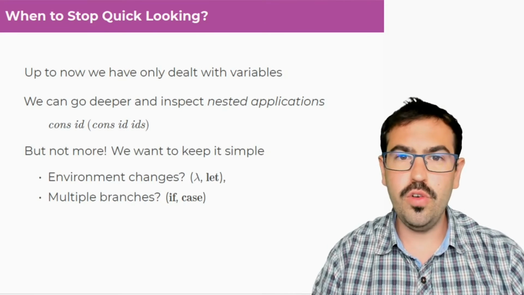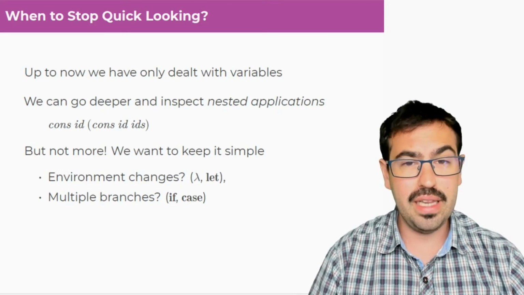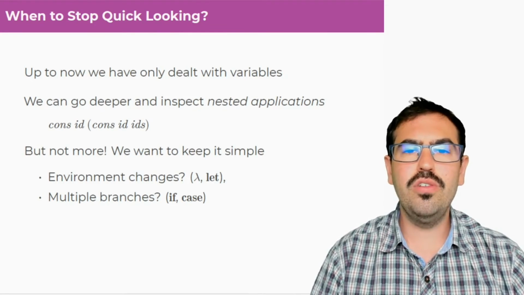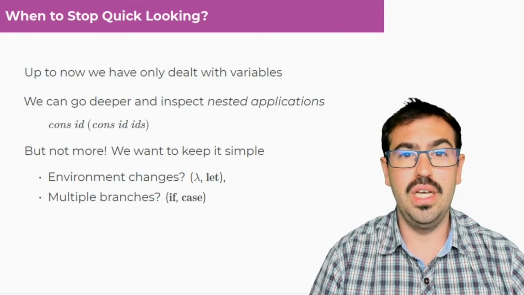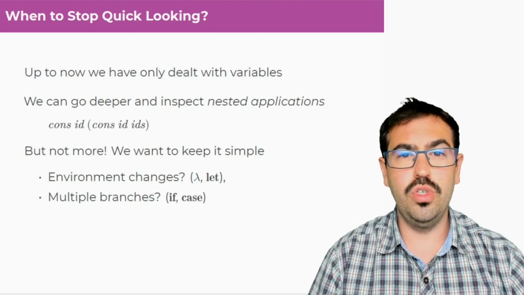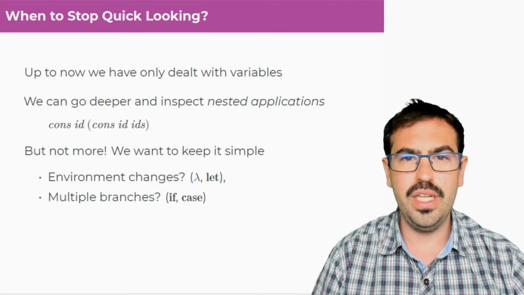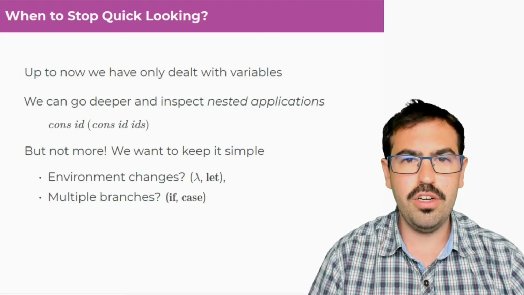We don't want to go into environmental changes, so we don't inspect lambdas, we don't inspect lets, because this introduces new things into the environments. And we don't try to inspect things with multiple branches, like ifs or pattern matching, because this will imply that we need to not only unify things in a simple way, we would also need to consider the cases in which these two branches don't have a similar type.